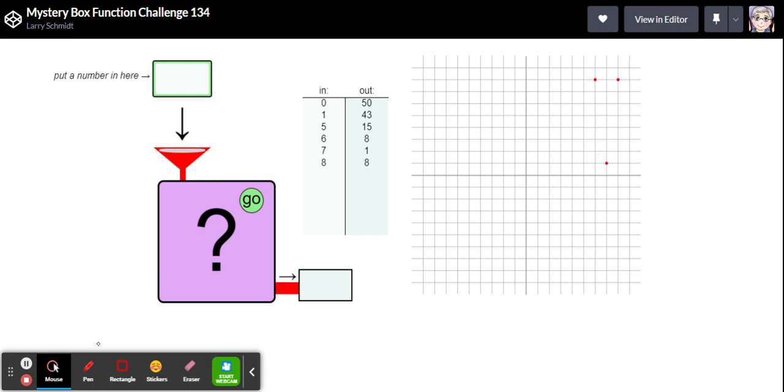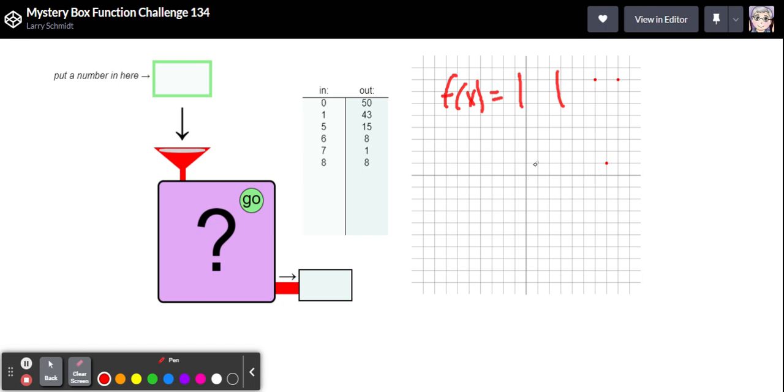A couple of things are being done to this, though. So let's see if we can figure out a function for this. So we've definitely got an absolute value. And let's see, it's pointing upwards, so it's going to be a positive absolute value, but it's very narrow, and it gets to high values pretty quickly. So I think there's going to be a multiplier, so we'll leave room for a multiplier. And then it's not on the origin.